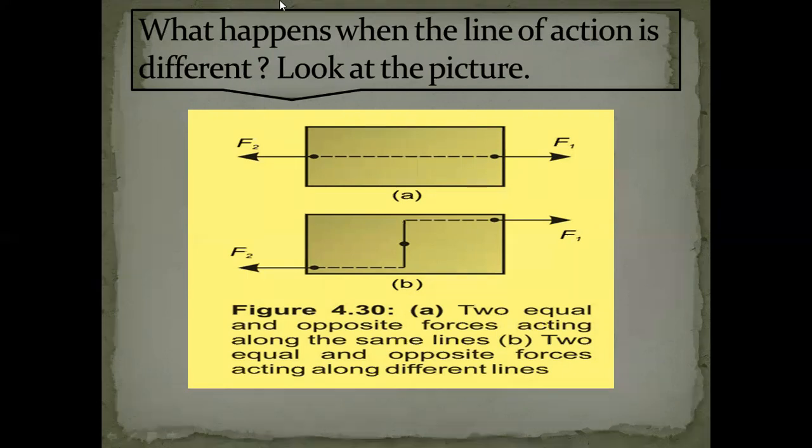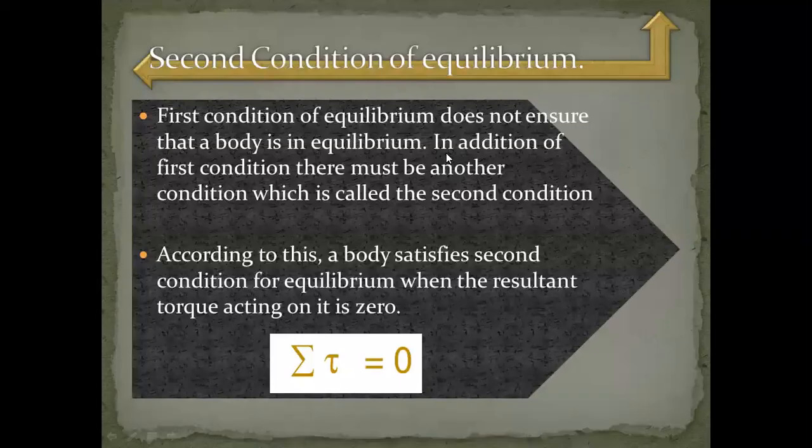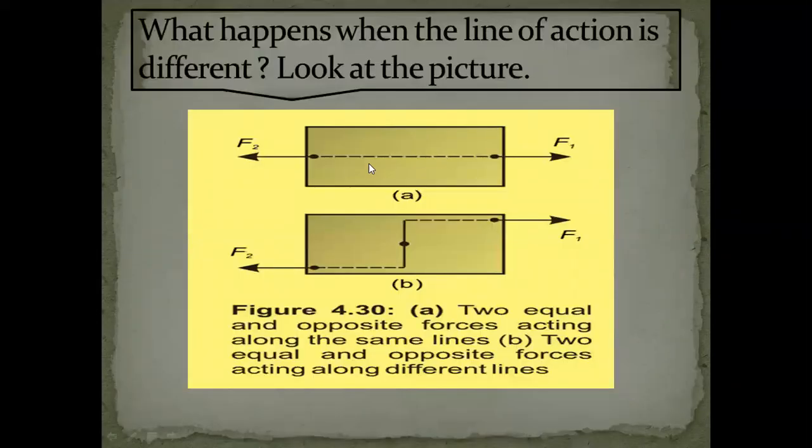And if we consider this diagram, you have seen that the line of action of the force is the same. So when the line of action of the force is the same, then you can easily apply the first condition.